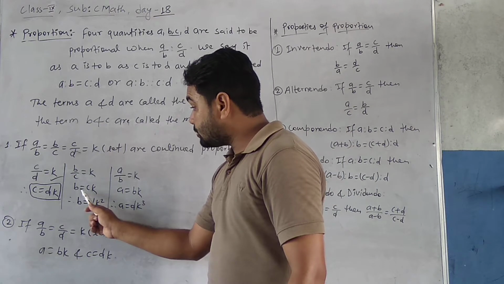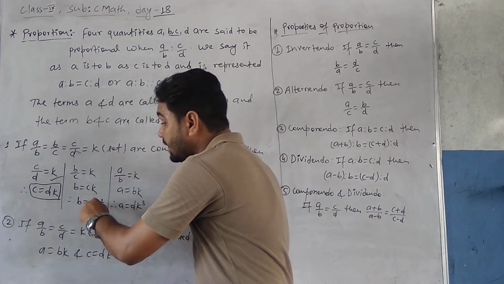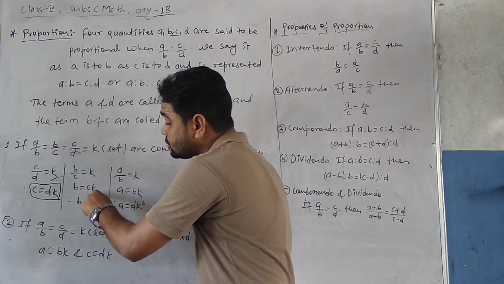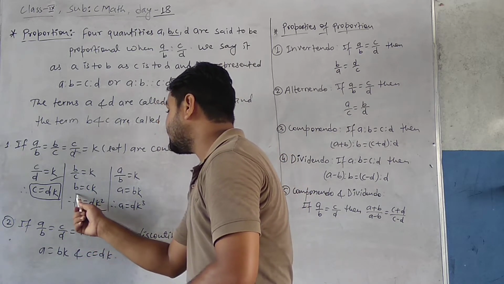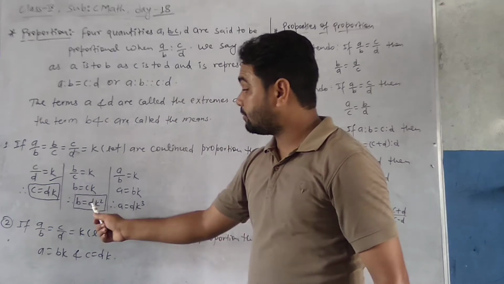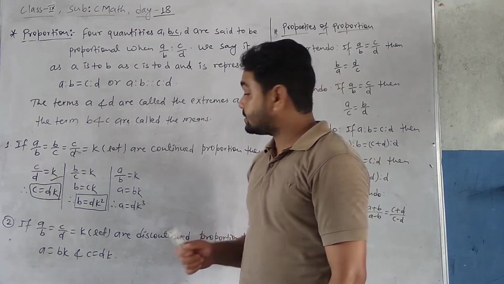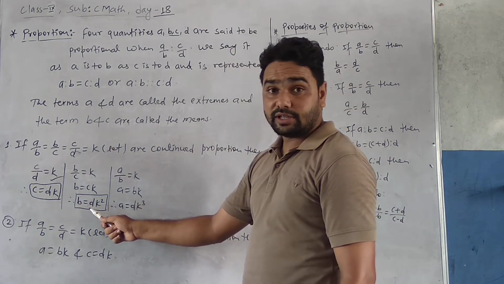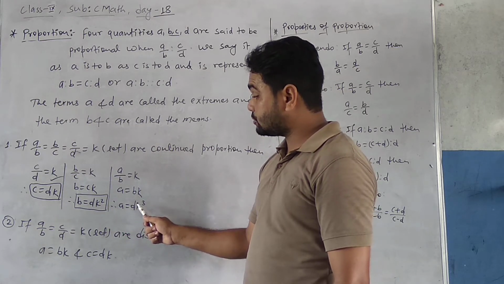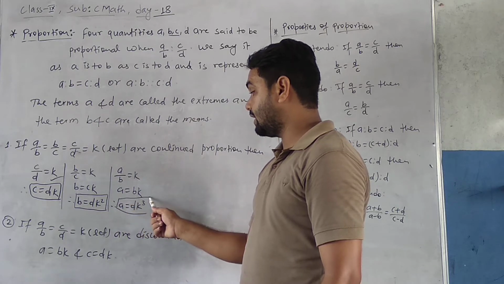B equals CK, and we have the value of C as DK, so D into K gives DK square. So B equals DK square, in the form of D and K. Similarly, A upon B equals K, so A equals BK, and putting the value of B, we get A equals DK cube.